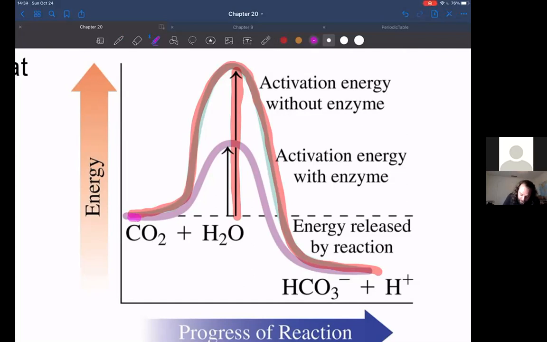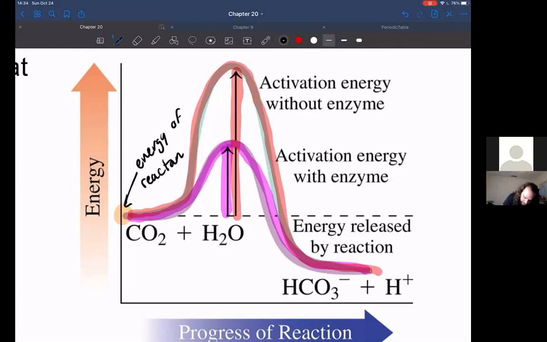Okay, so this would be the height of that activation energy without the enzyme. And then when you add the enzyme, it decreases the height of this barrier, speeding that reaction up. Okay, notice it doesn't change the energy of the reactants all by themselves. That would be this point here, the energy of reactants.